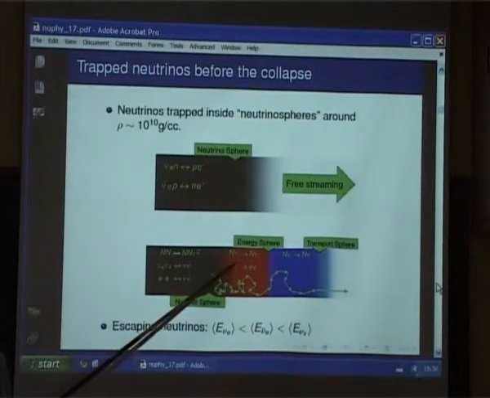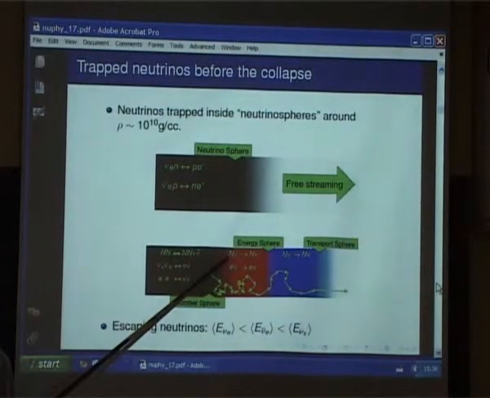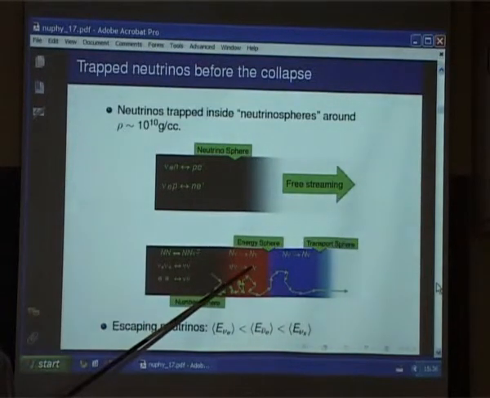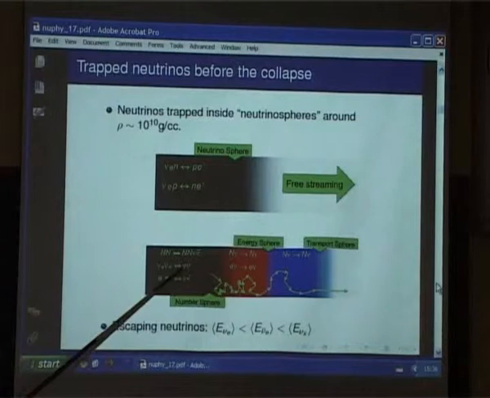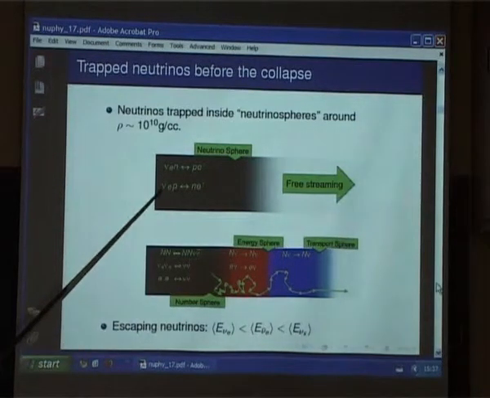At some point, they can interact. An individual nu can interact with a nucleus and have neutrino-nucleus scattering, or it can have neutrino-electron scattering also. So propagation of nu x, meaning nu mu and nu tau, is much more difficult than nu e and nu e bar, because for nu e and nu e bar only one interaction dominates.